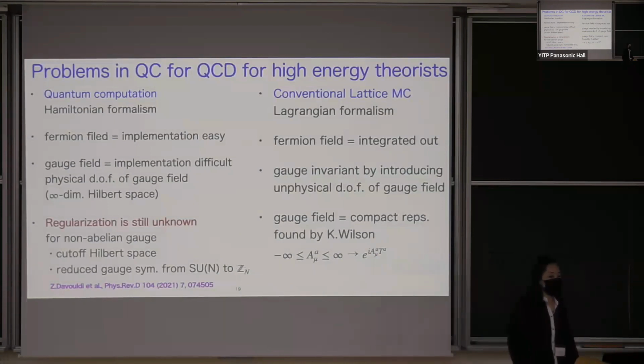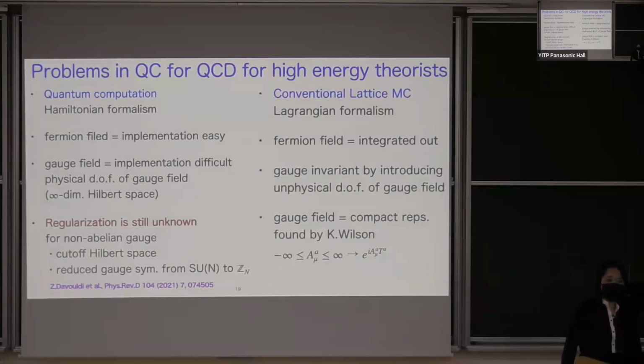If you naively introduce the SU(2) gauge field, is it impossible to integrate it out and get this kind of spin chain model? Impossible. Okay, it is special for U(1), right? Special. I see. Okay, thank you.